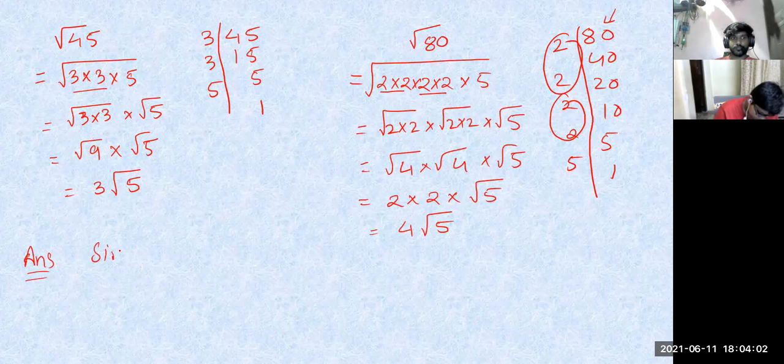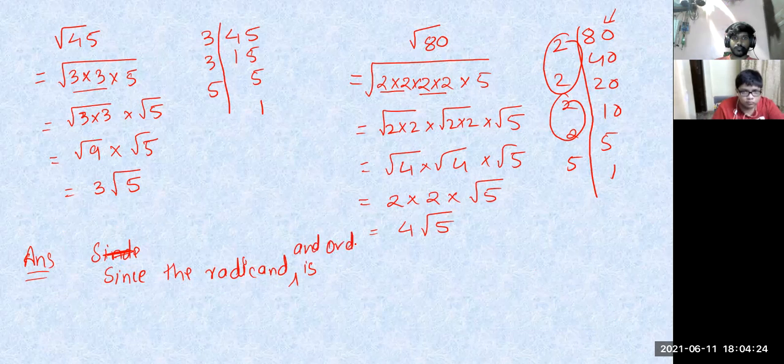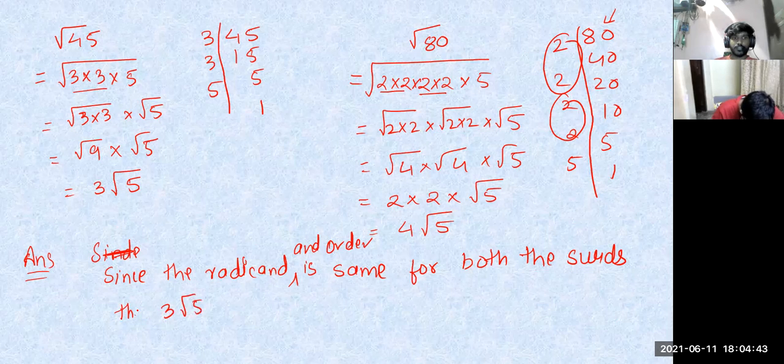So you write, since the radicand and order is the same for both the surds, the surds 3 root 5 and 4 root 5 are like surds.